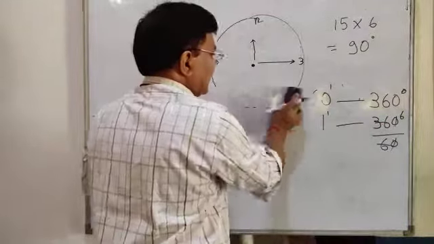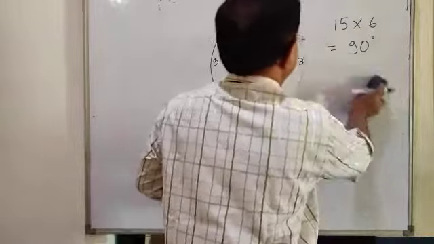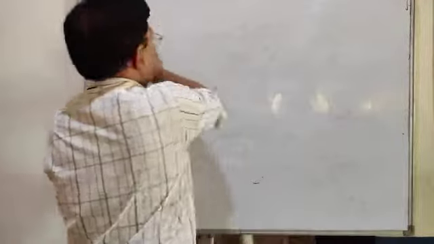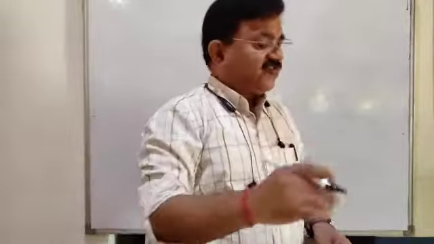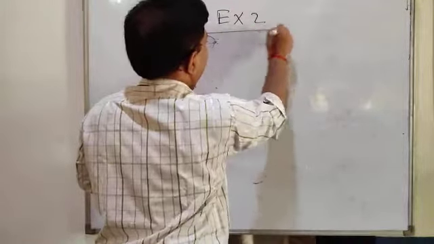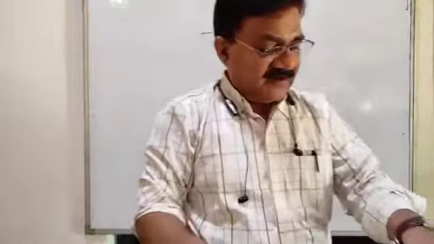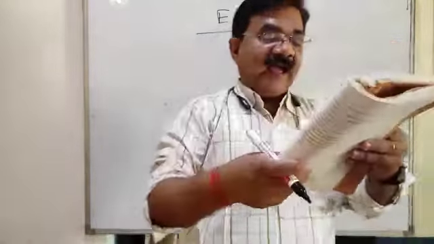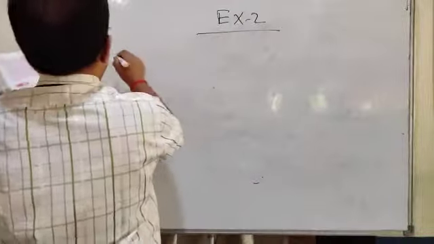Now let us go to the exercise. We have to discuss exercise 2, and our first question, question number 1: find the measure of the acute angle, obtuse angle and reflex angle.